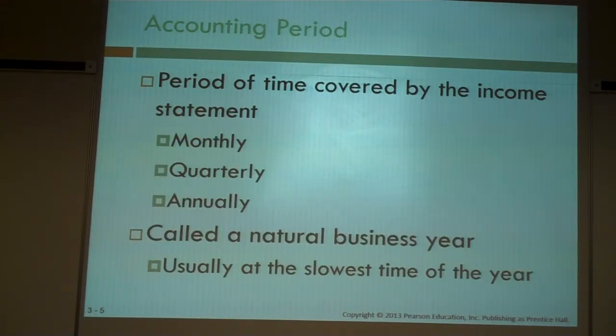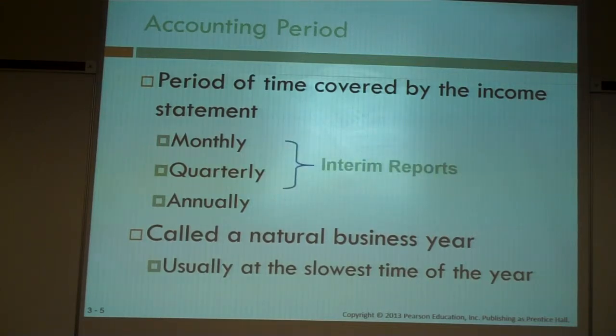The accounting period is the period of time covered when we report on the income statement. It could be weekly, monthly, quarterly, annually. It doesn't matter. And then the natural business year ends at the slowest time of the year.